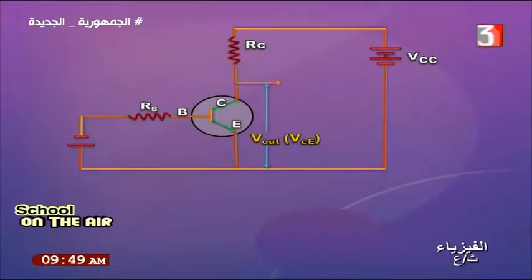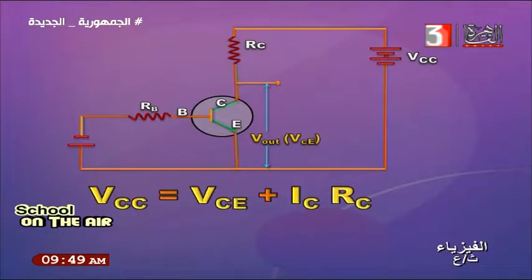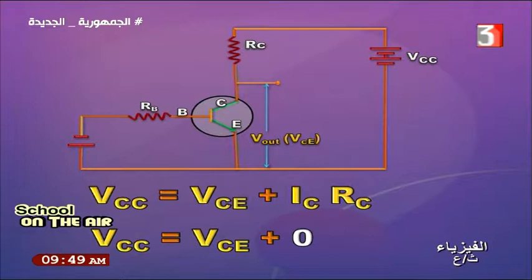Yes, the base is reverse biased. No current passes through the base, so no current passes through the collector. IC equals 0, so IC RC equals 0. So VCC is almost equal to V out, or equal to VCE.